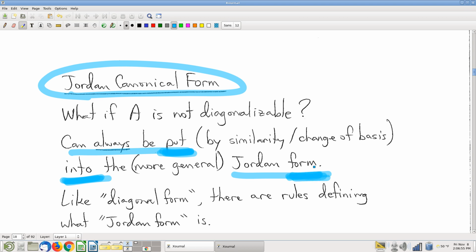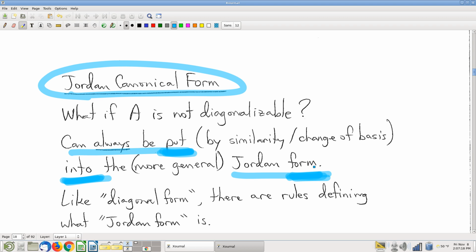What I mean by that is, if you give me any matrix, I can interpret that matrix as representing a linear transformation, and I can simply find another basis to view that linear transformation with respect to, the result of which will be Jordan form. So again, the lingo: we talk about putting the matrix into the form.